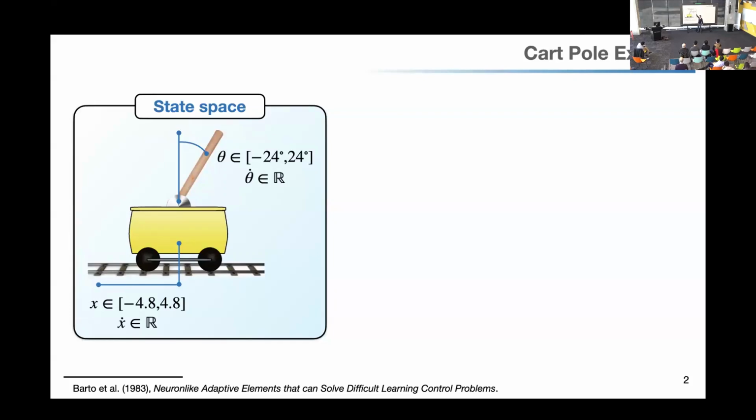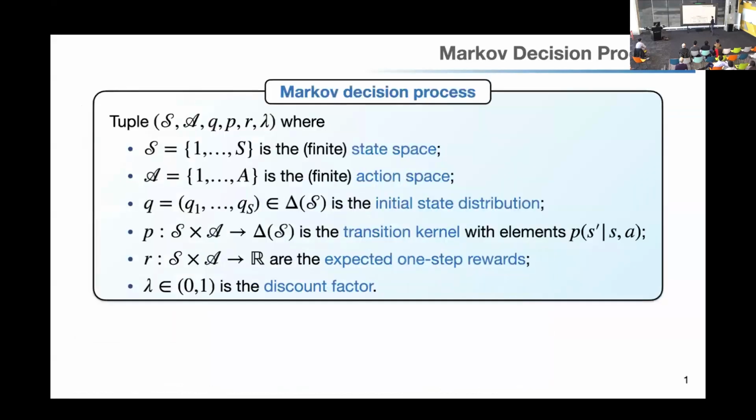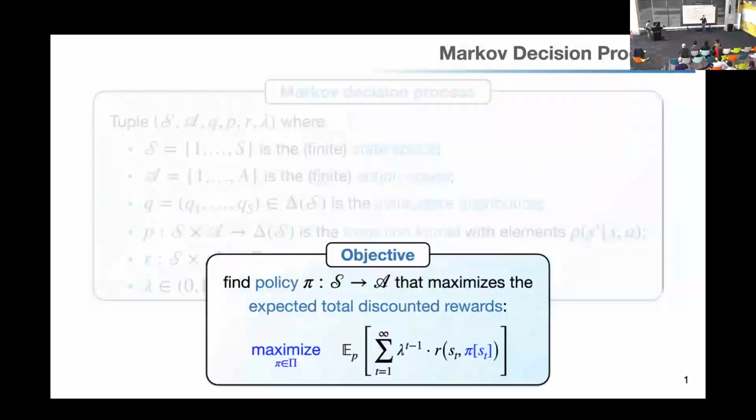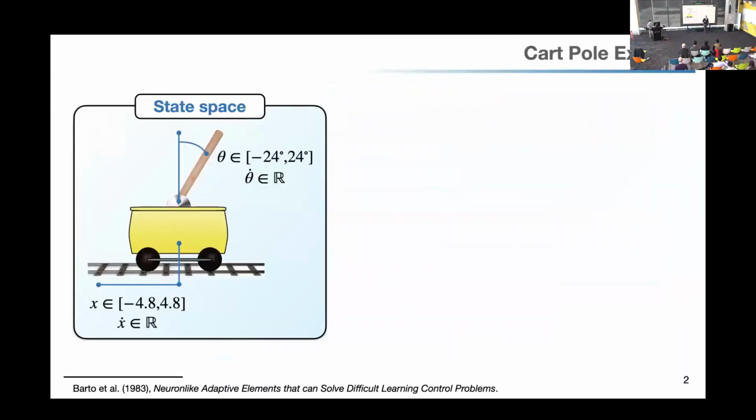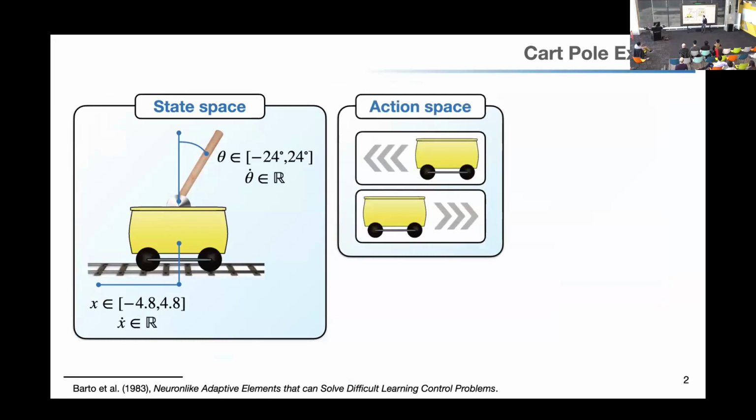Theta is the angle of the pole, and then x dot and theta dot are the first-order derivatives. Now, this definition of the state space would not be compatible with our previous assumption that the states need to be finitely enumerable. So what one does in reality, and that will cause issues, we'll see that later on, is we discretize the state space in order to make it fit the previous definition.